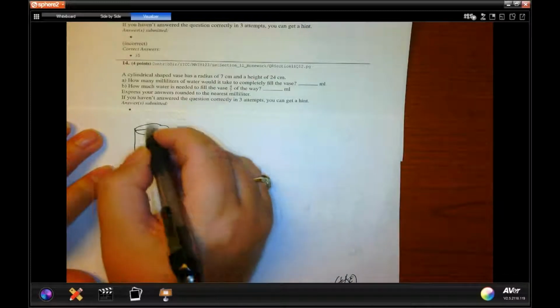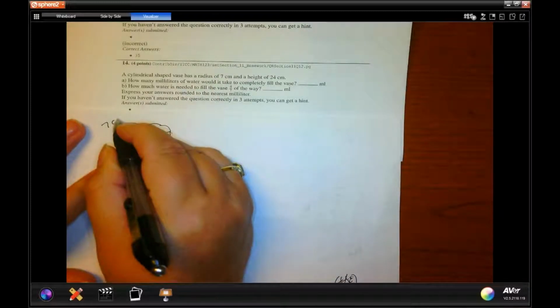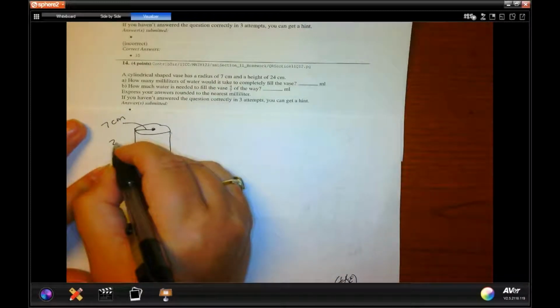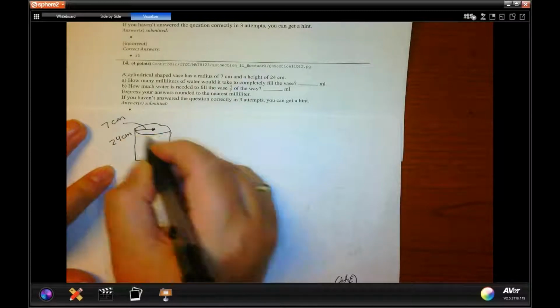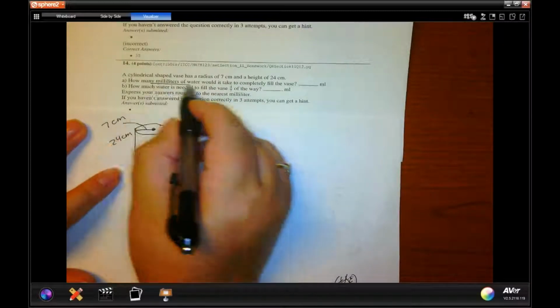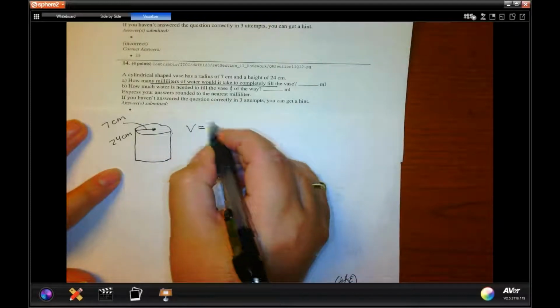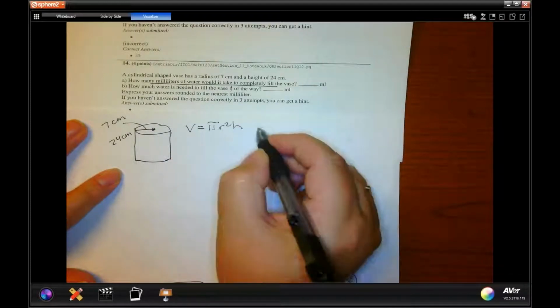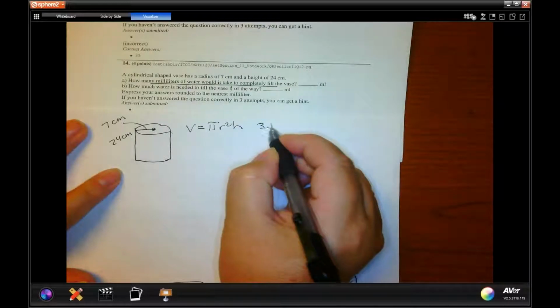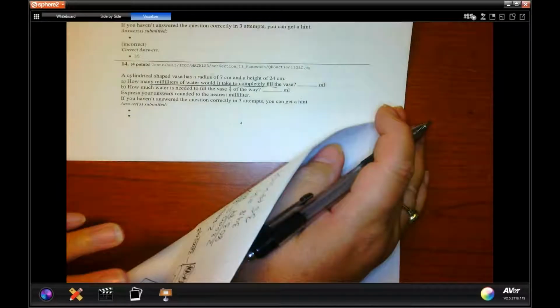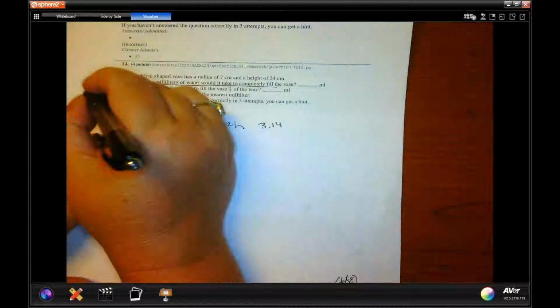This time we have a cylinder with a 7 centimeter radius and a height of 24 centimeters. How many milliliters of water to completely fill the vase? So they're asking us for the volume. So we're doing 3.14. Who missed this one?